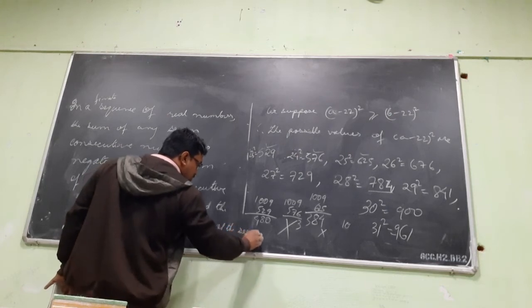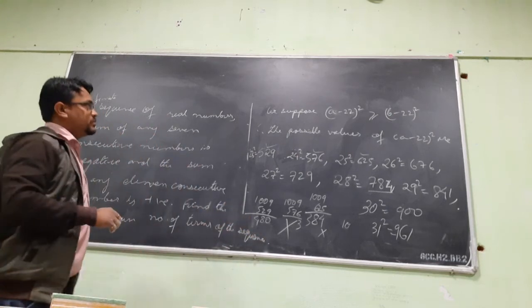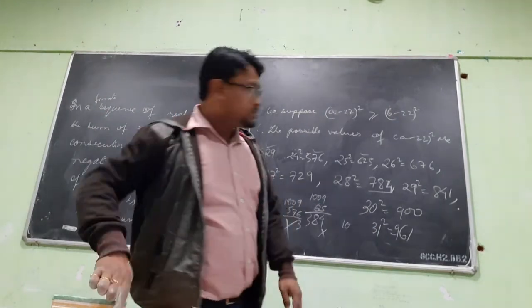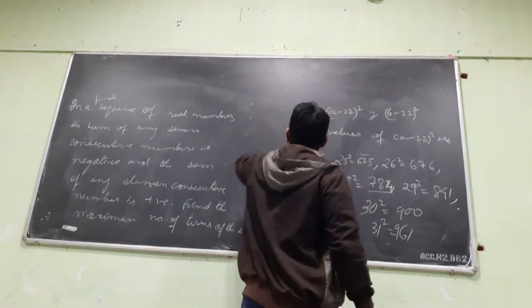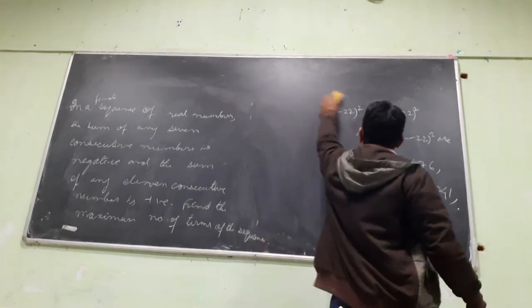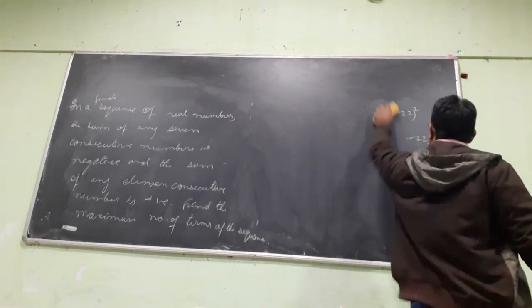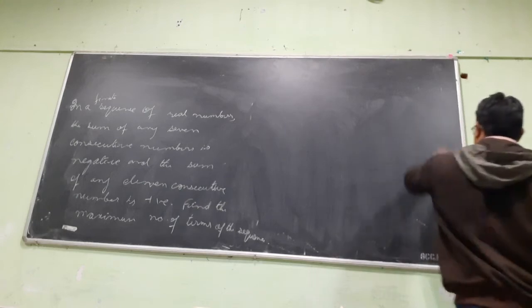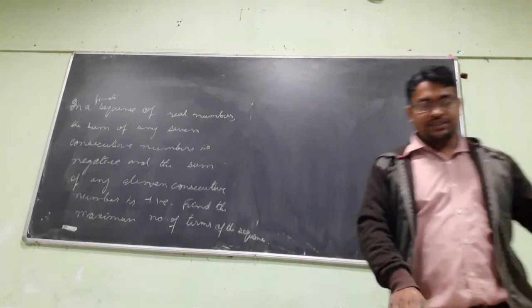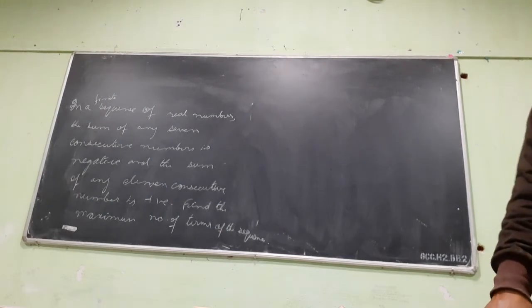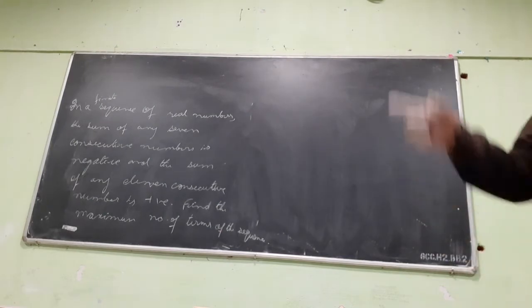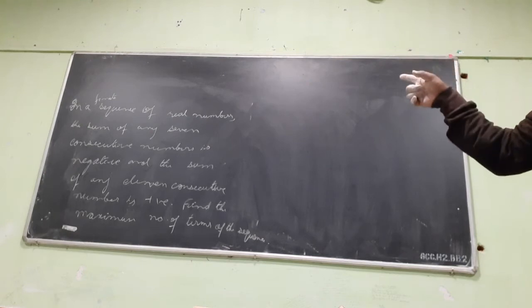Sum of any 7 is negative. So x1 plus x2 plus up to x7 is negative. Then similarly x2 plus x3 plus up to x8 is negative.